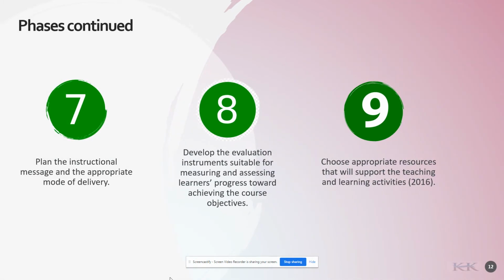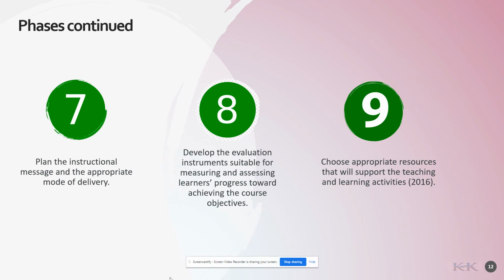Phase 7, plan the instructional message and the appropriate mode of delivery. The designer decides what instructional resources are necessary to allow teachers to effectively teach and students to effectively learn. In phase 8, this phase is unique to the Kemp model because it takes into account the support services that are available or may be required to facilitate both teaching and learning activities.